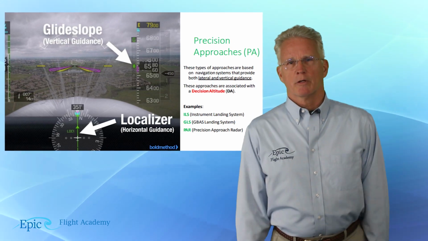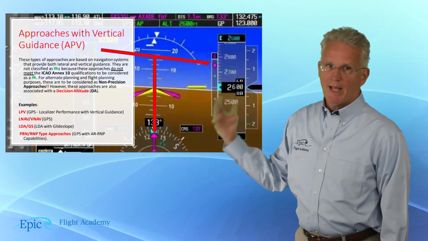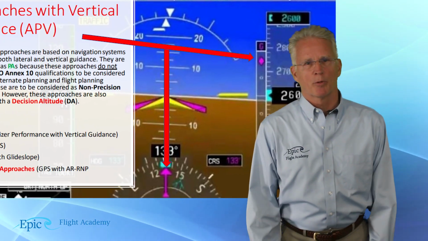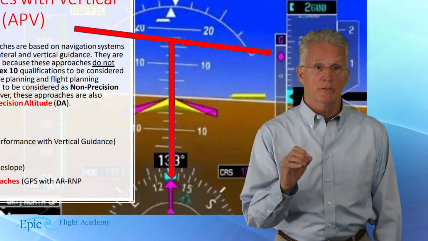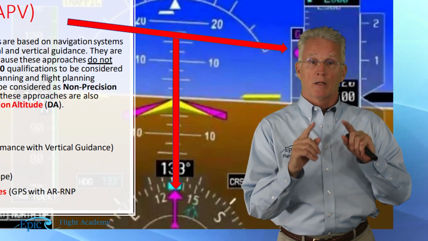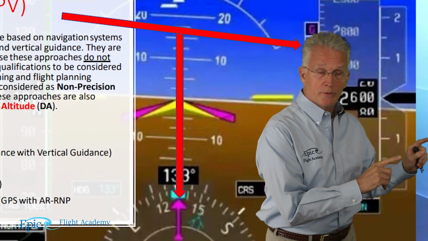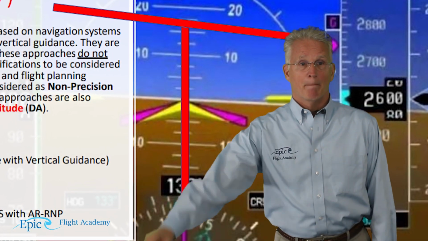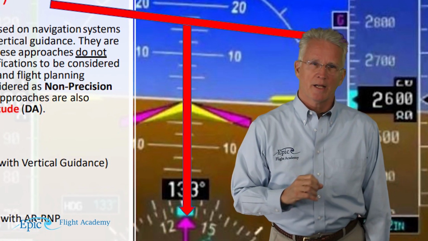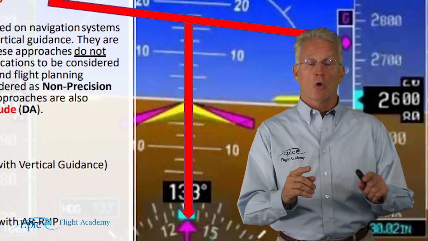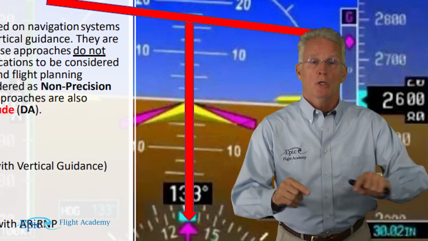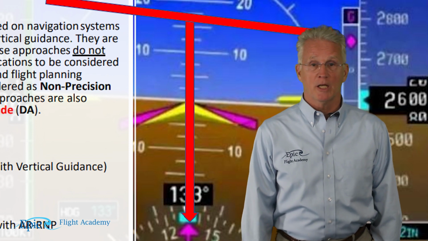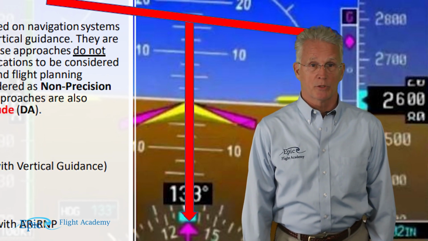The second category of approaches is called the APV, approaches with vertical guidance. These types of approaches are based on navigation systems that provide both lateral and vertical guidance, just like the precision approaches. But these are not classified as precision approaches because they do not meet the ICAO Annex 10 qualifications to be considered as a precision approach.